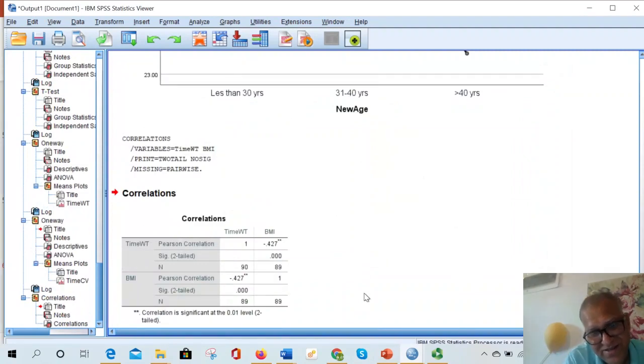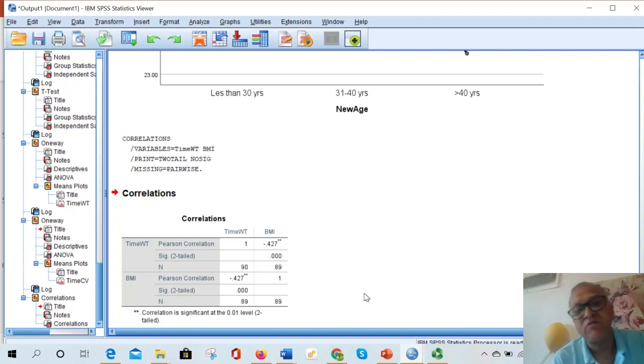Strangely, the result is negative. Negative means there's a negative relationship. This can be an error anyway, but first you look at the significance value, two-tailed 0.000. So yes, the result is true, and the value of the correlation is minus 0.427. So what we're getting here, we are saying a medium, negative and significant relationship between time and BMI.